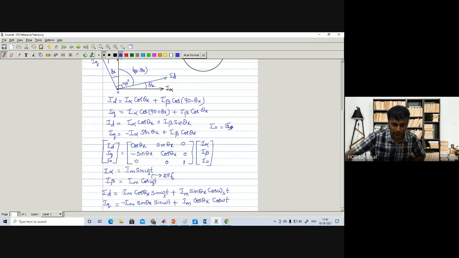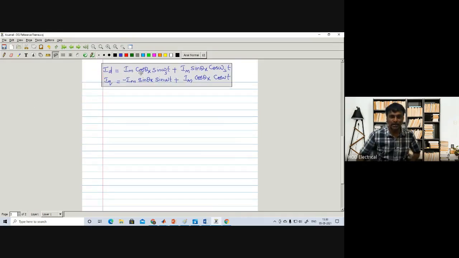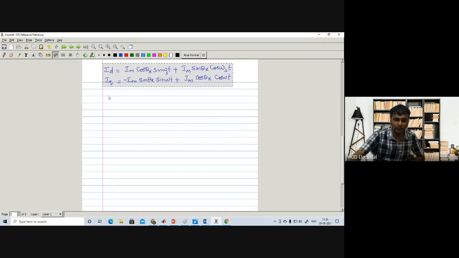Then the third equation is I naught equal to I naught. Let me take this to the next page so that I can continue. So this is your ID, I naught. Then the final one is IQ, I naught, which is equal to I naught.